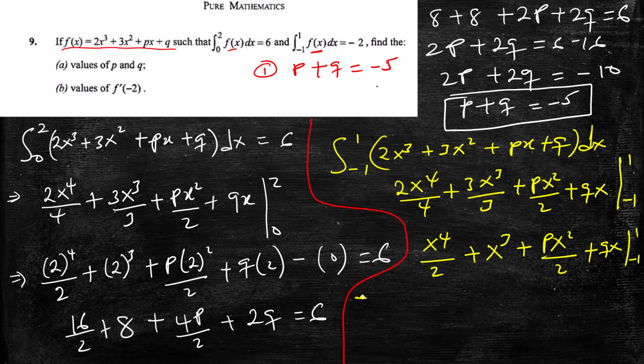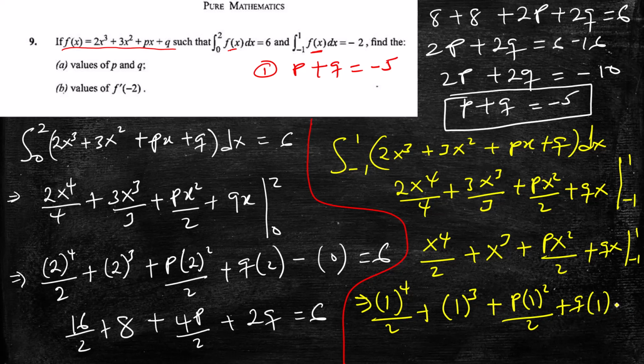So we start with 1: 1 to the power 4 over 2, plus 1 to the power 3, plus p times 1 squared over 2, plus q.